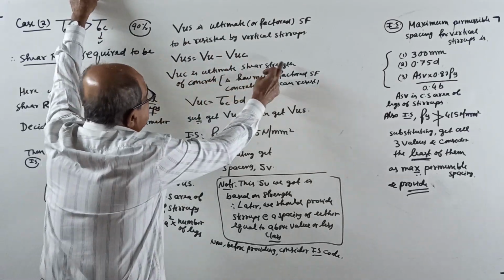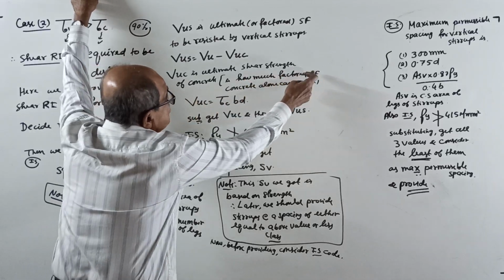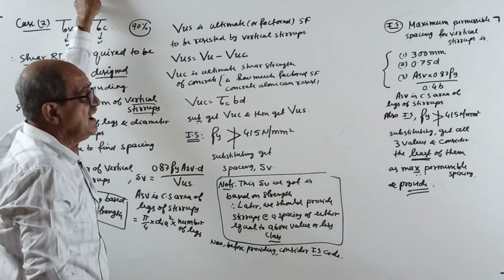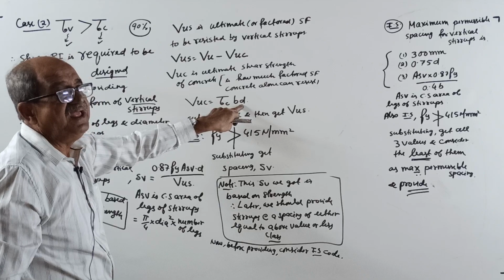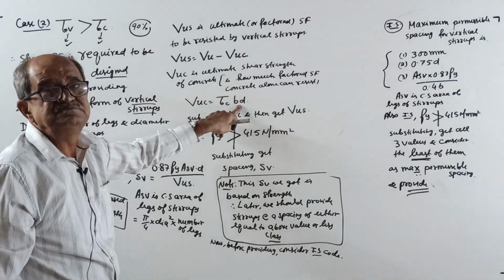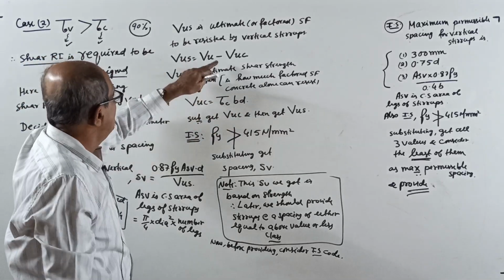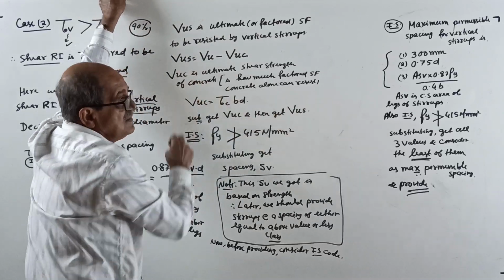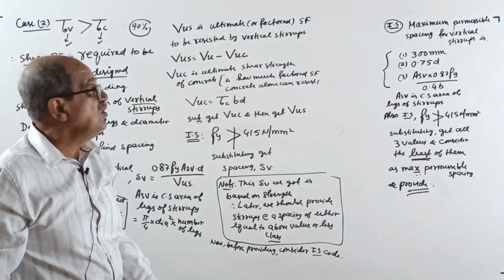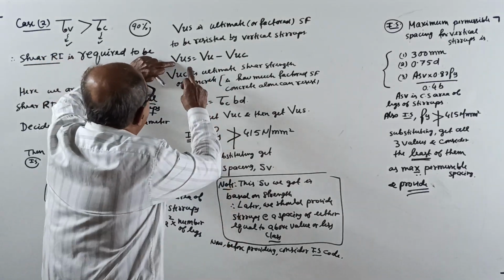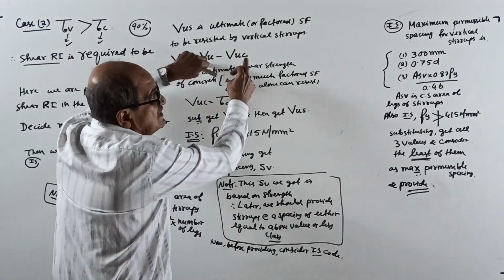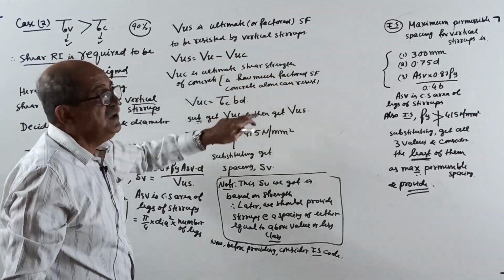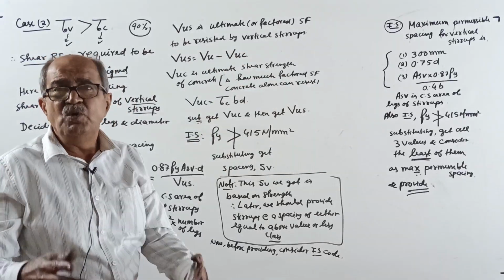Vuc is the ultimate shear strength of concrete, how much factored shear force concrete alone can resist, equal to tau c into b d, allowed stress into area. Substituting, get Vuc and then get Vus. Actually, IS code has not given it this way; it directly gives Vus equals Vu minus tau c b d. But I am doing it this way for a reason, I will let you know later.